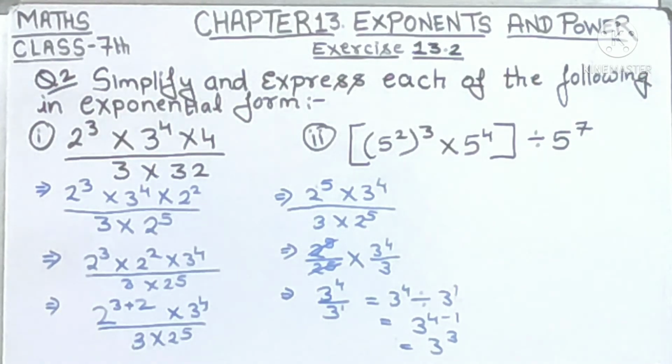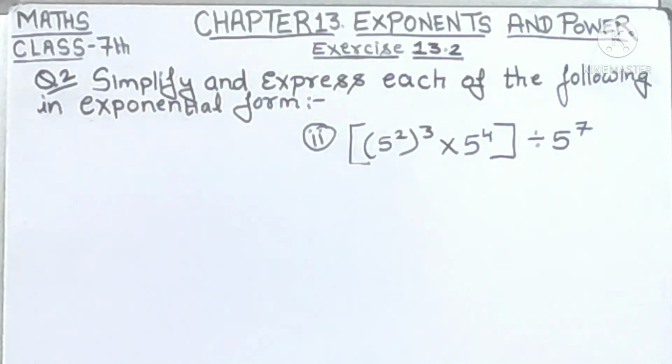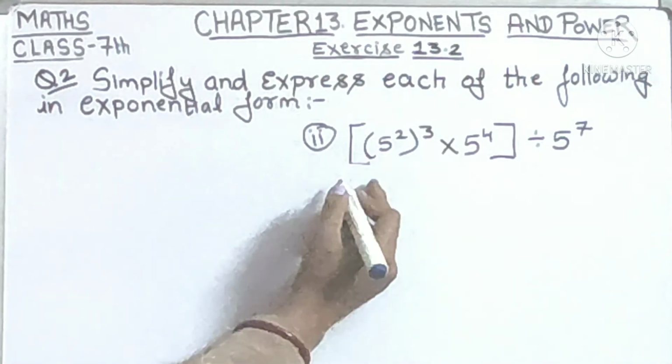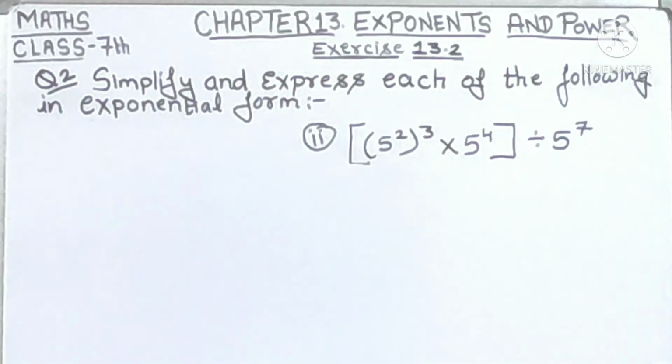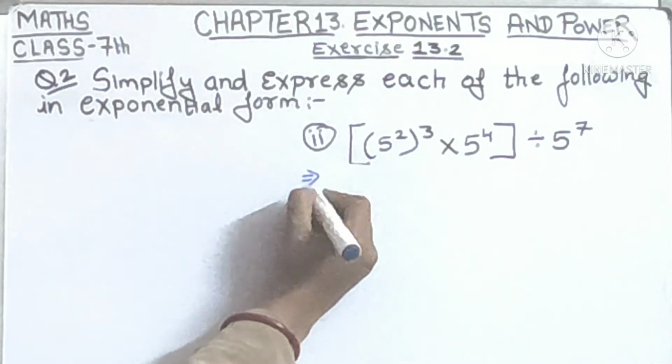Now for the second one, I am rubbing the first one and moving to the second one. In the second one, first we will solve the smaller bracket, then the big bracket. In the small bracket, 5 raised to the power 2 whole raised to the power 3 into 5 raised to the power 4, bracket close, divided by 5 raised to the power 7. First of all, we will solve the small bracket.